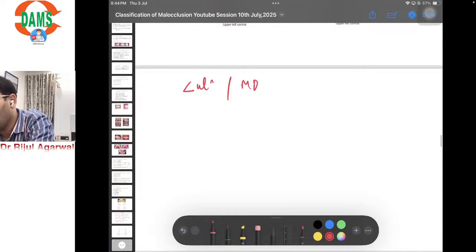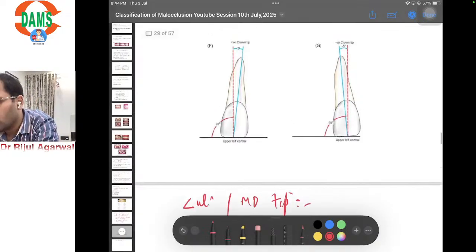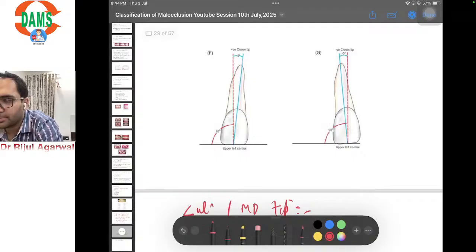Angulation or mesiodistal tip. For an angle you require two lines, and the angle is calculated between them. It is generally judged at the mid developmental ridge of crowns of incisors, canines and premolars, and in the molars on the buccal groove.